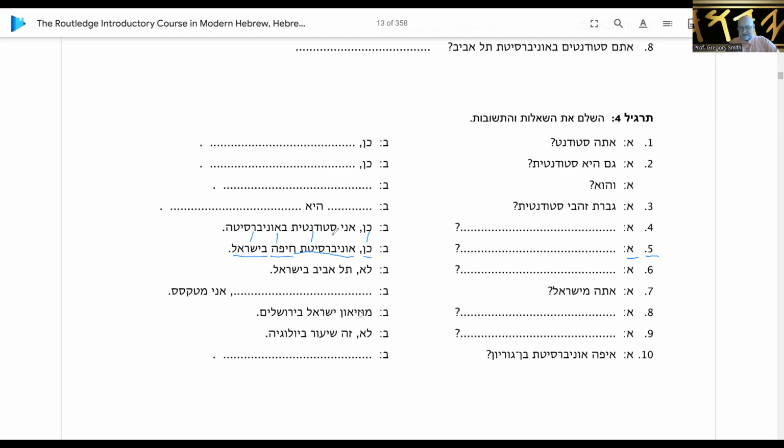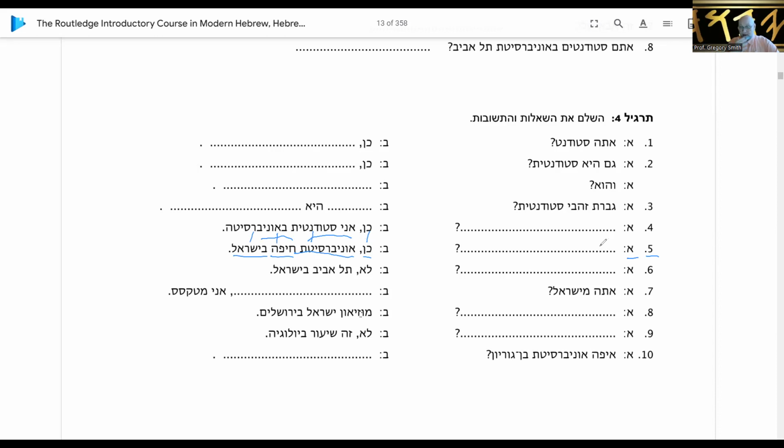So it's not telling us necessarily whether this is a girl or a boy, female or male, because Universitat Haifa b'Yisrael, that's just how it's always spelled when it's paired with the location. Okay, so I think we could just assume that this is going to be a masculine singular. And the question would be, let's say, are you in university?